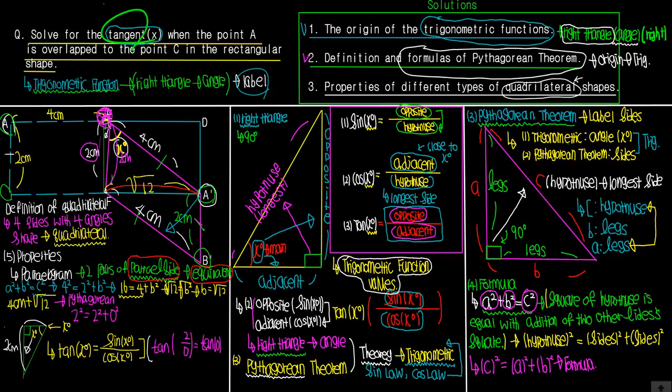But the whole point is to know what the trigonometric function is, and the Pythagorean theorem, which is one of the most important things in geometric problems. We also thought about the properties of quadrilateral shapes. In the next video, we're going to talk about another advanced SAT Level 2 trigonometric function problem.